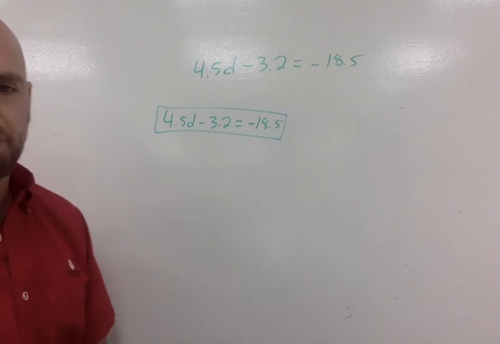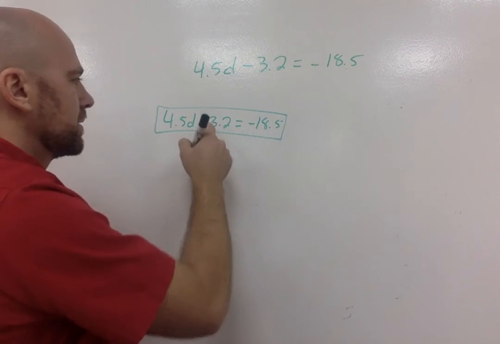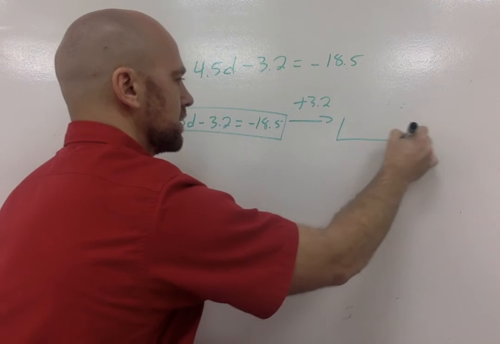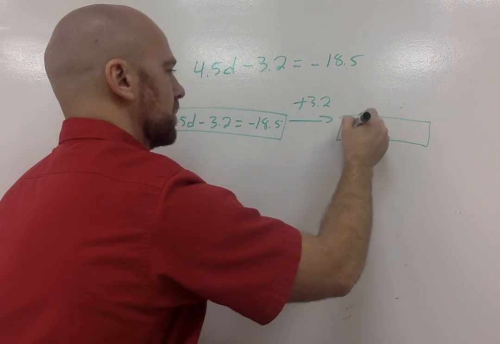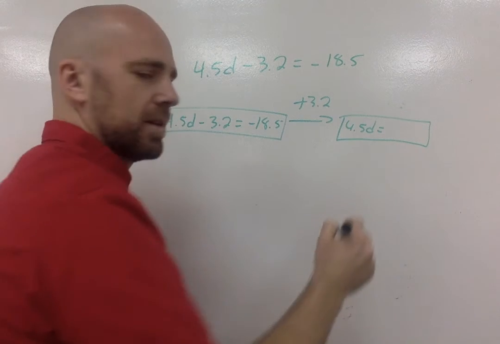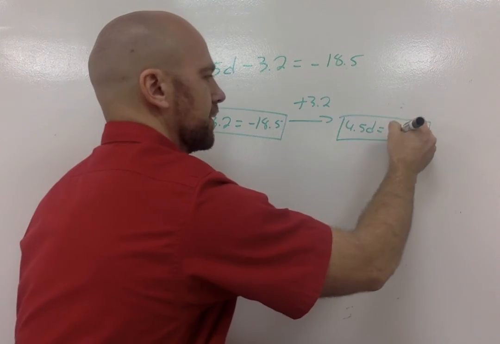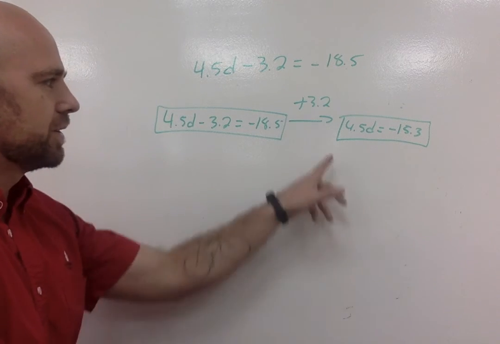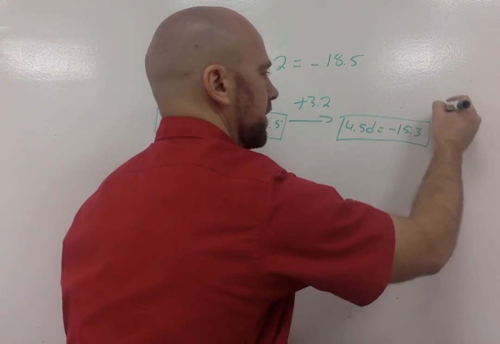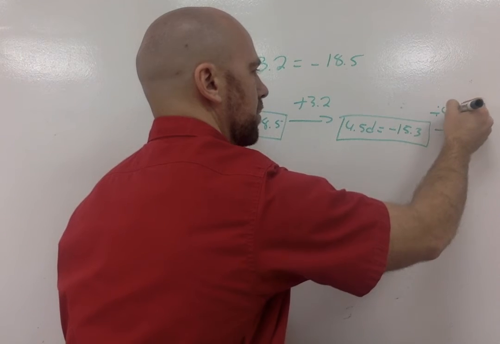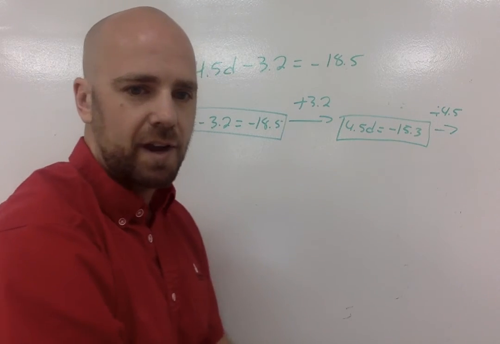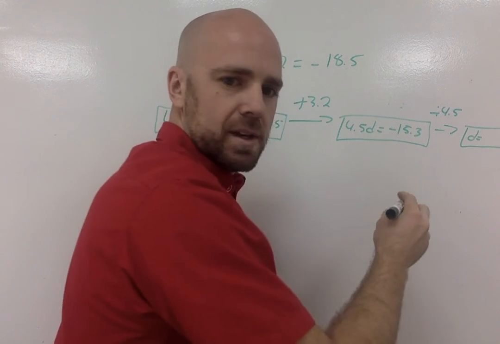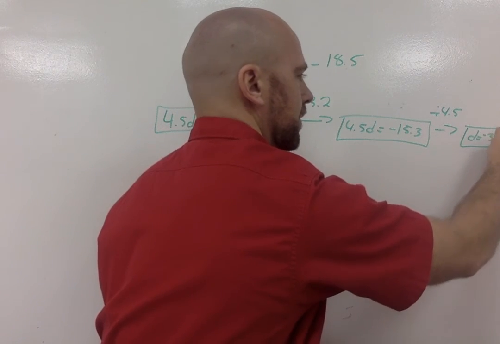My first step when I'm trying to solve it is I'm going to add 3.2 to both sides, which is going to give me 4.5d equals negative 15.3. Then my next step is I'm going to have to divide by 4.5. If I divide by 4.5, I'm going to get d equals negative 3.4.